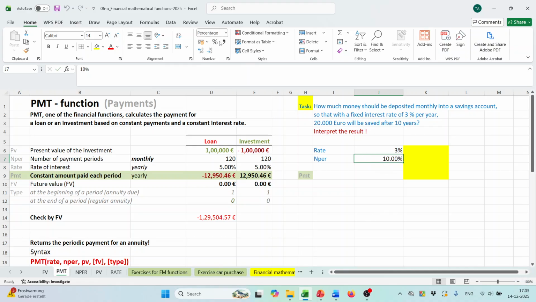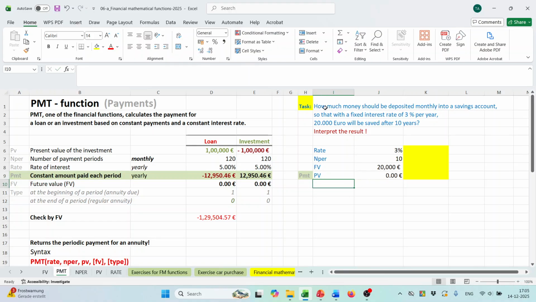It should be formatted as general. 20,000 euro will be saved, so it should be the future value. And currently we have 0. We don't have anything in our bank, so the present value will be 0.